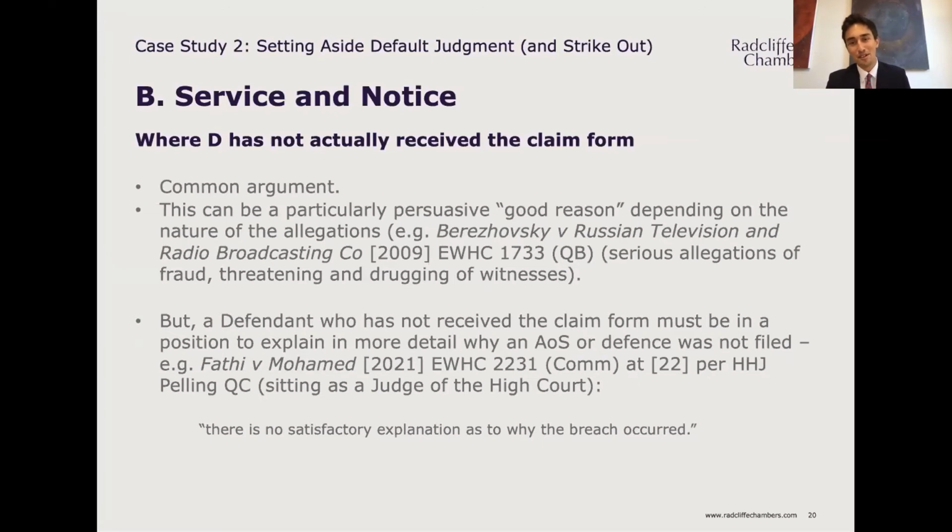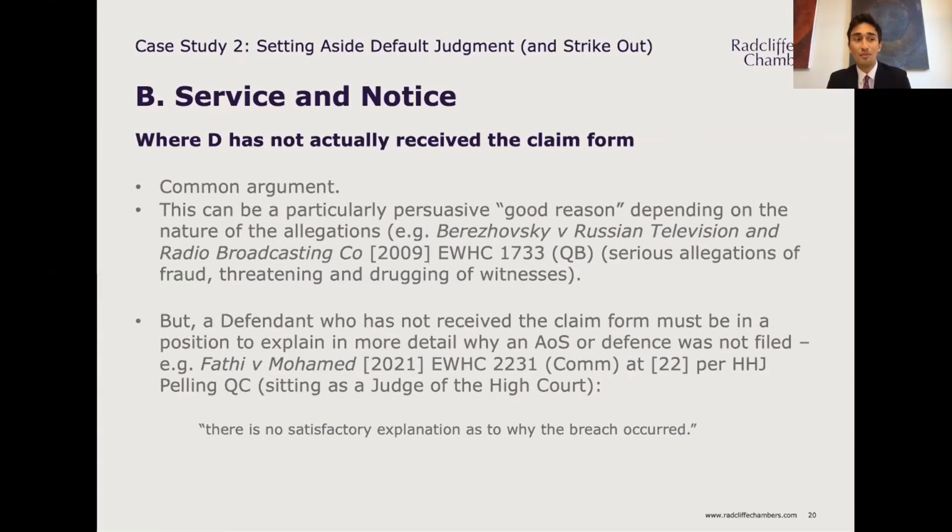For example, in Berezovsky there were serious allegations of witness intimidation, and the court was not comfortable allowing those to pass under a default judgment without taking it to trial. But more interestingly, in the Fatih and Mohammed case, again of this year, His Honour Judge Pelling QC was faced with a defendant who had moved to Turkey, but was served at his last known business address in the UK.